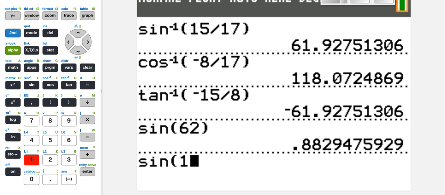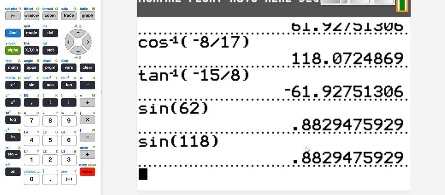Now look at this. These two are different angles, 62 and 118, but they have the same reference angle. Check this out. They give you the same value.